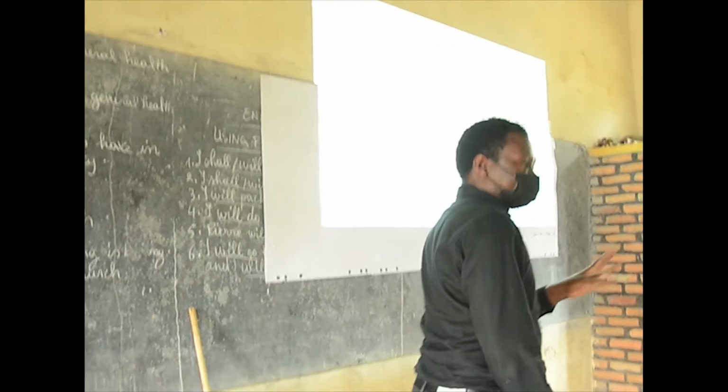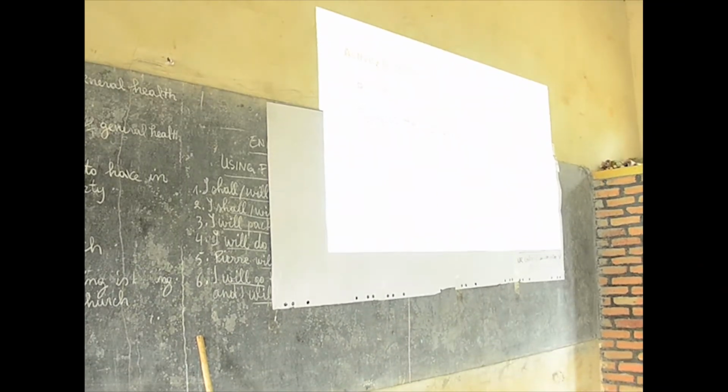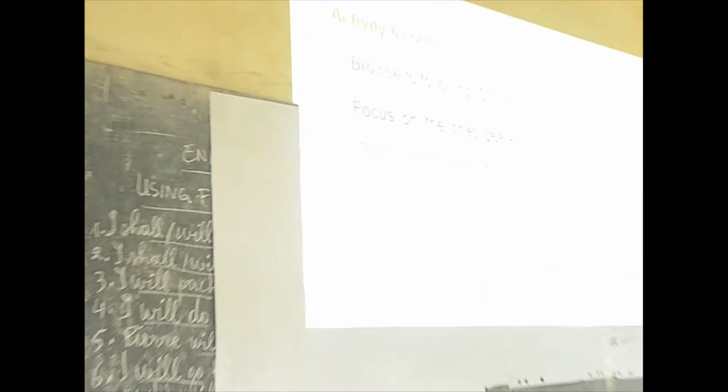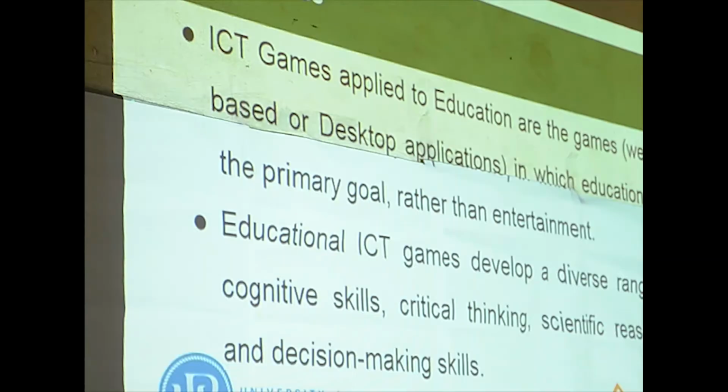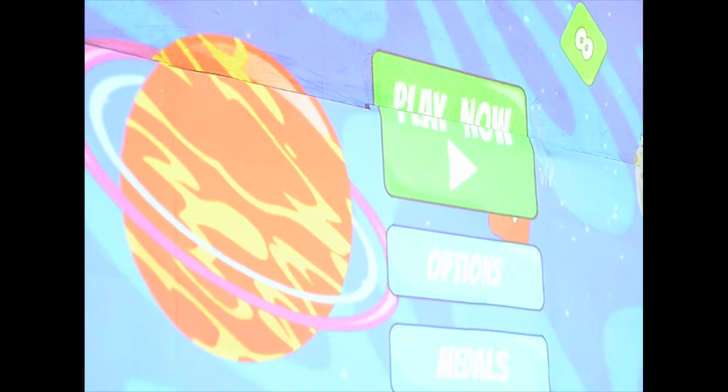It was observed that teachers can use games to help learners improve or check their abilities in different topics, meaning mathematics, science, etc. Actually, ICT games applied to education are web-based or desktop applications in which education is the primary goal, rather than entertainment.